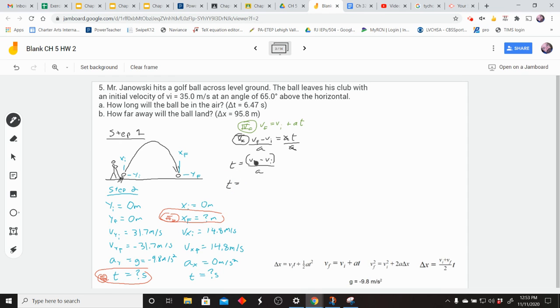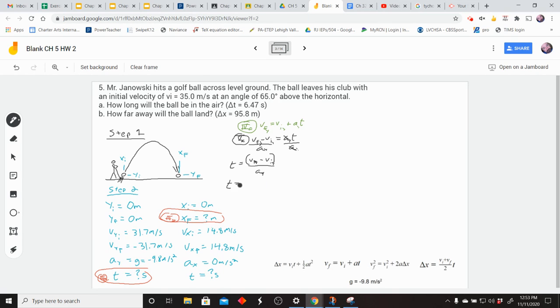So we do that. Time is equal to v final on the y side. Sorry, I should be more specific about what I'm doing here. We're working with the y side. So we've got 4 v's in this equation, we've got 2 a's in this equation, so you should be using the subscripts.